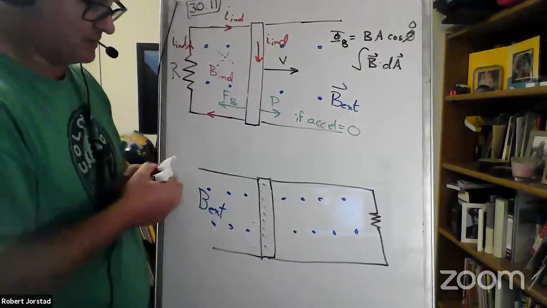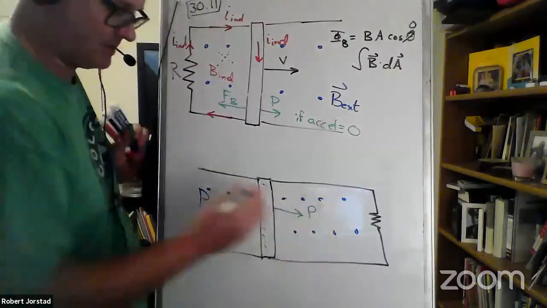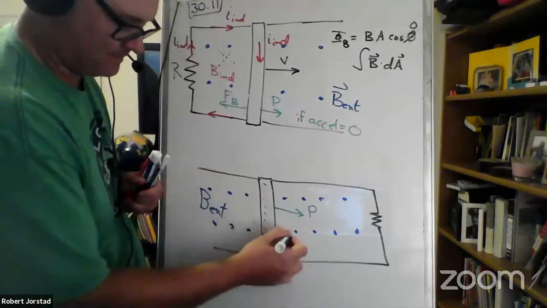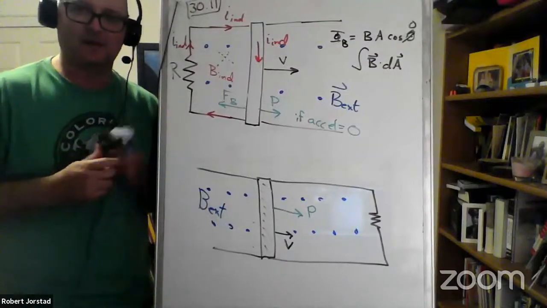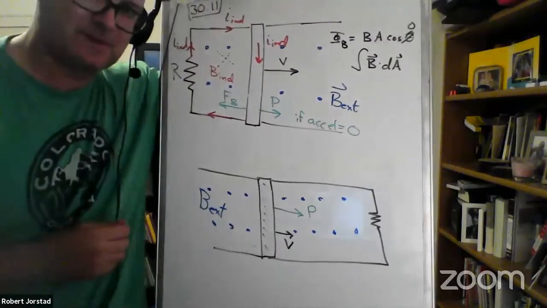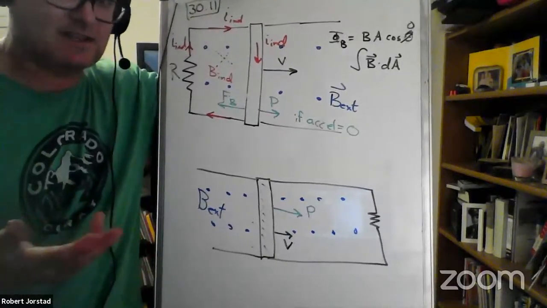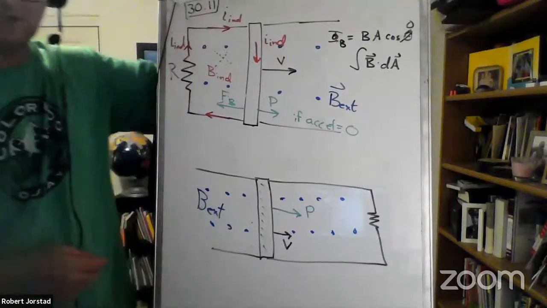I'm still going to pull this rod to the right with a force, capital P. And as a result, it's still going to move to the right. And it's going to move with constant speed V. My question is, does the current flip direction? Do the forces flip direction? What stuff is going to flip when I do this? Take a second to think about it.